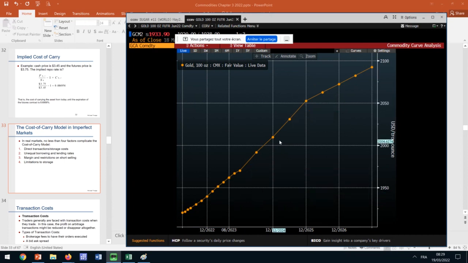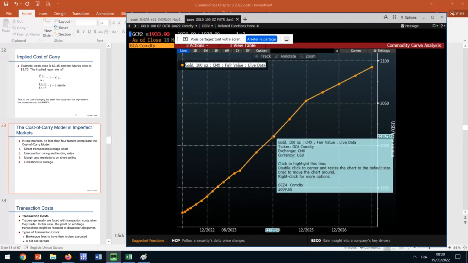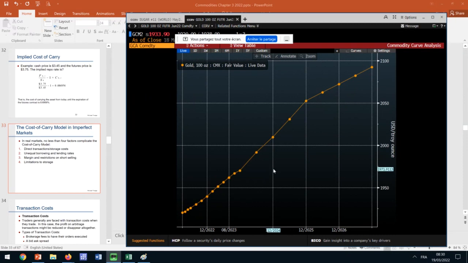Same thing. If you think that, let's take another date, in December 24 everybody will sell gold and the gold price will go down, you will sell gold futures because you want to lock in a high price now. The future price will go down. But then reverse cash and carry, remember, that's very easy with gold, reverse cash and carry strategies will set in, and the entire curve will follow.